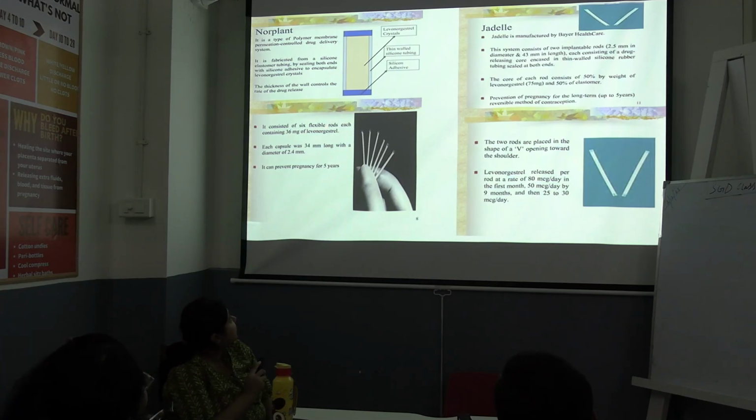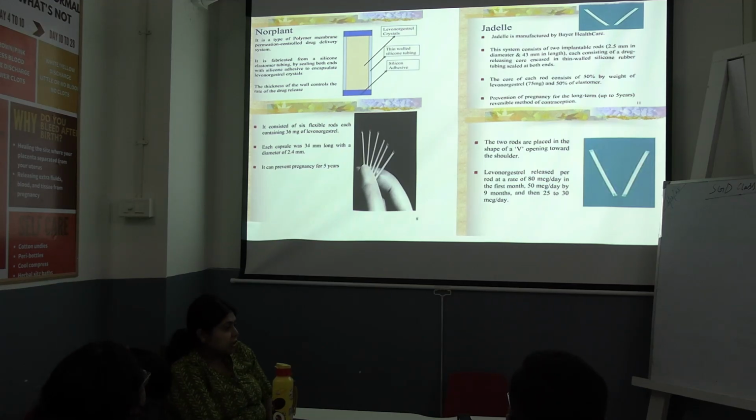It consists of 6 flexible rods, each containing 36 mg of levonorgestrel. This line you have to remember: 6 flexible rods containing 36 mg of levonorgestrel, and each capsule is 34 mm long with a diameter of 2.4 mm. Till how many years can it be used? It prevents pregnancy for 5 years. These 3 sentences are very important.